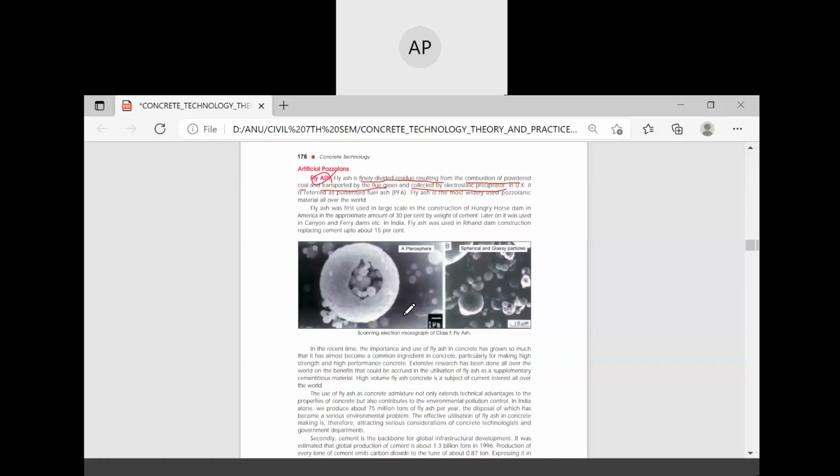The use of fly ash in concrete as an admixture not only extends technical advantages to the properties of concrete but also contributes to environmental pollution control. In India alone, we produce about 75 million tons of fly ash per year, the disposal of which has become a serious environmental problem.